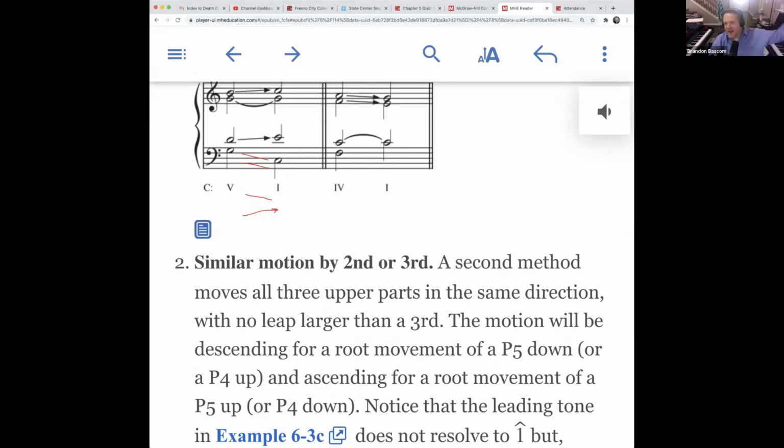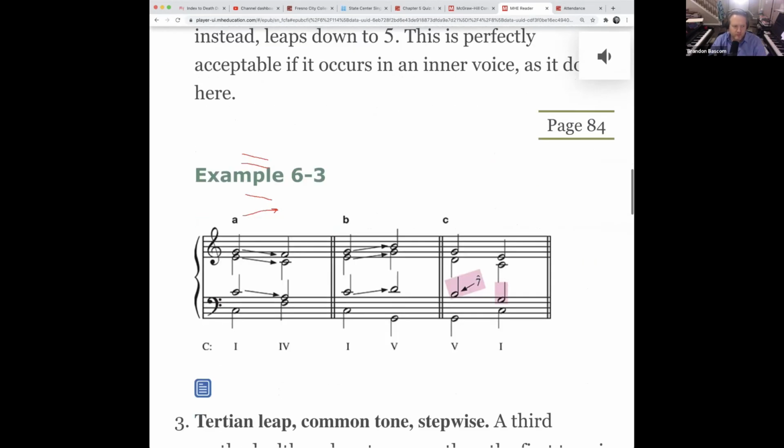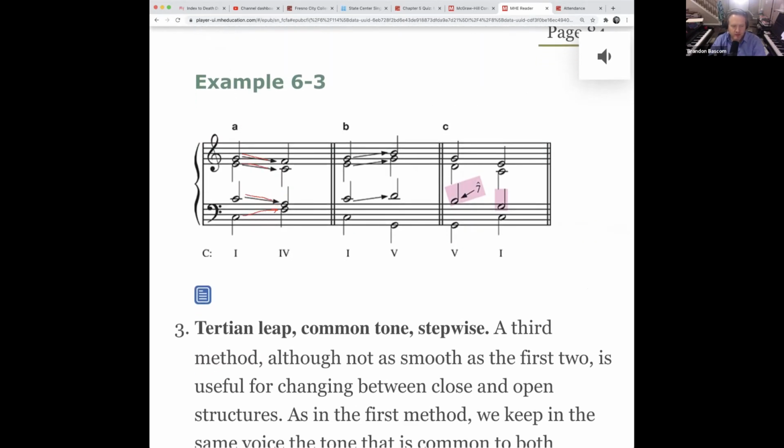Everybody say that? Similar motion by a second or third. Excellent. All right, here we go. The bass moves down a fourth. Everything else moves in similar motion by a second or a third. Nothing bigger than a skip.